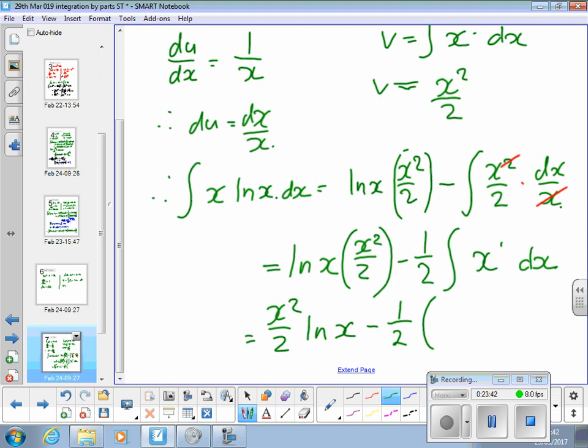Yes. So that's x to the 1, isn't it? So that becomes x squared, add 1 to the index, over 2. Because we add 1 to that index of 1 there, so it becomes x squared, and then we divide by the new index.